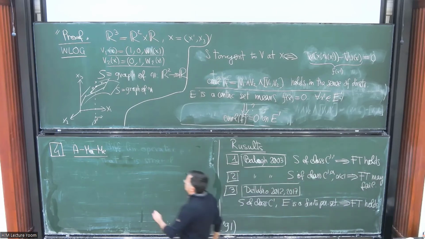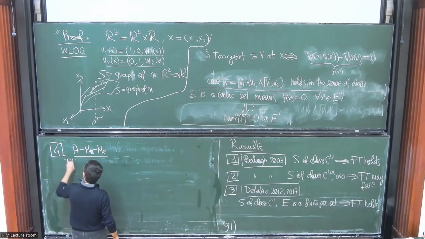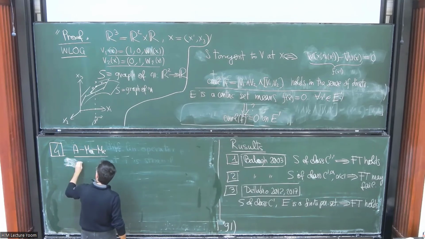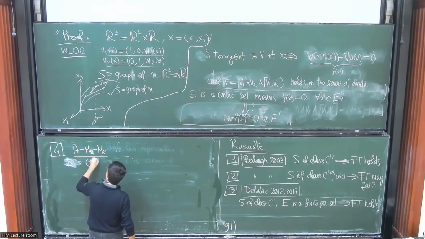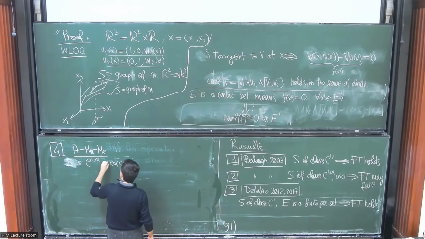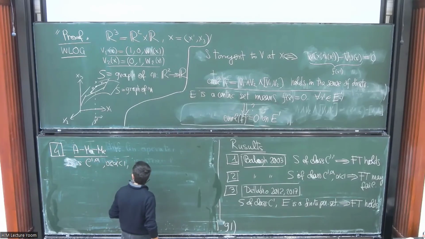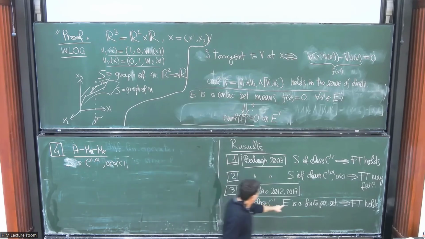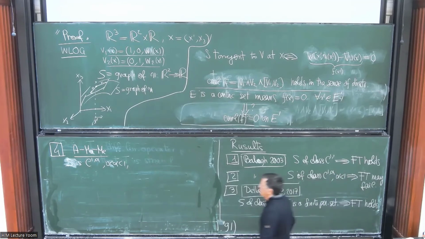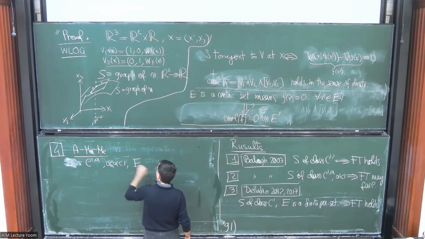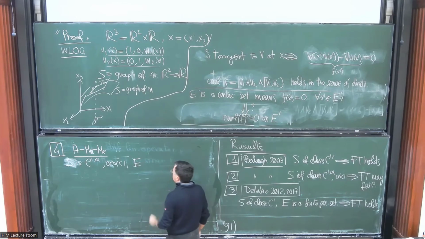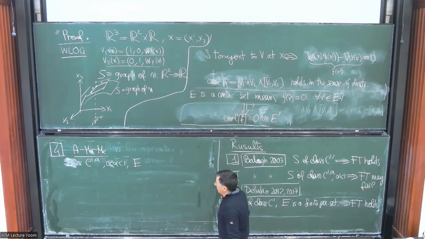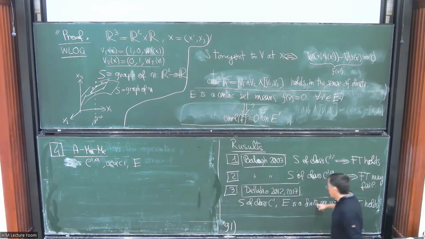And this is the result. Let's assume S is of class C^{1,α} with some α less than 1 and larger than 0. And now you add some assumption on E. One says some fraction of the perimeter is finite.